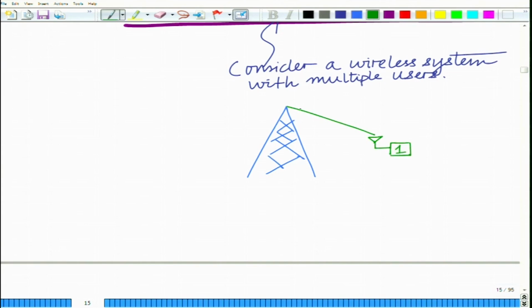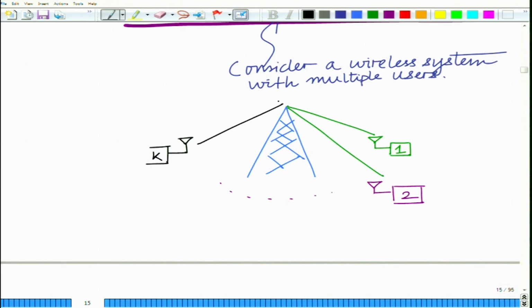This is, let us say, user 1, you have another, user 2 somewhere, and so on and so forth. At some other point you have user k. Okay, we are considering a downlink scenario where the base station is transmitting to different users.